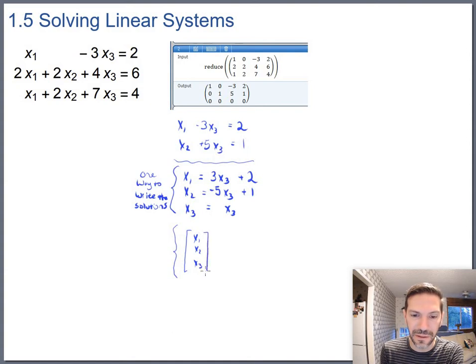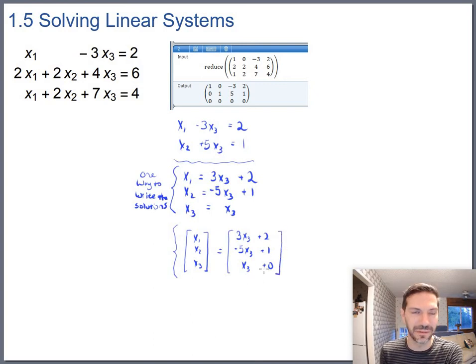So I can say the solution vector x1, x2, x3 is equal to, and on the right-hand side, well here, we'll do this step by step. We could say the right-hand side is also a vector. 3x3 plus 2, negative 5x3 plus 1, and x3, and just for the sake of symmetry, I'm going to put plus 0 right there.